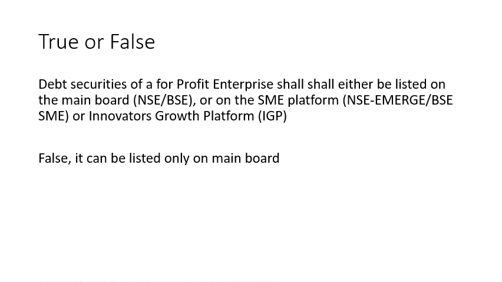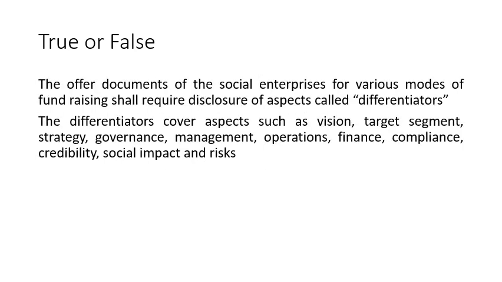So let us move to the next statement. The offer documents of social enterprises for various modes of fundraising shall require a disclosure of aspects called differentiators. So that is something which is expected. And the differentiators cover various aspects such as vision, target segment, strategy, governance, management, operations, finance, compliance, credibility, social impact, and risk.